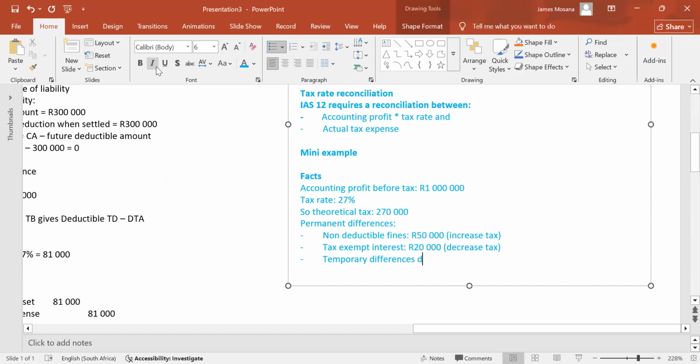Temporary differences do not explain the difference in the total tax expense versus the theoretical tax, right?